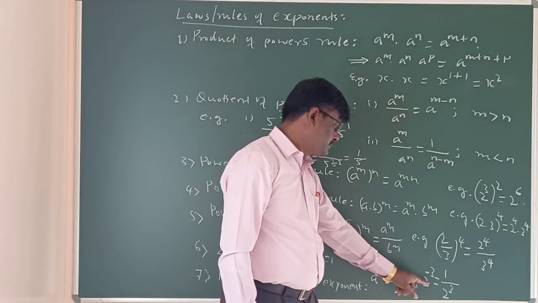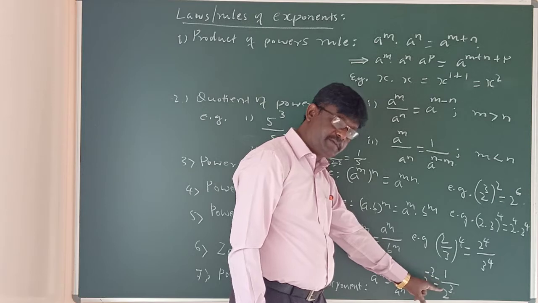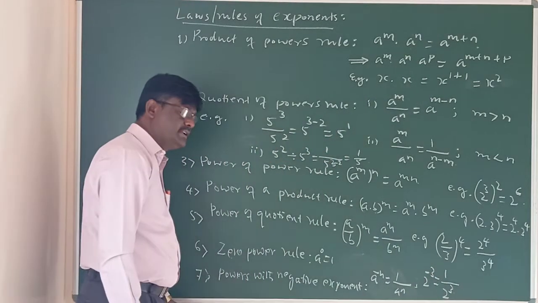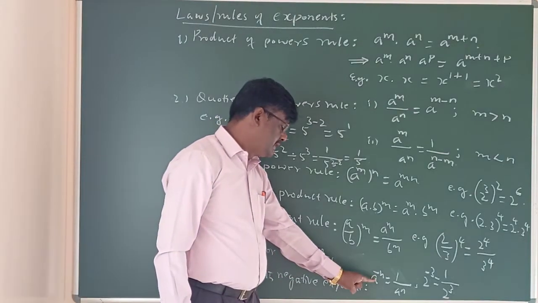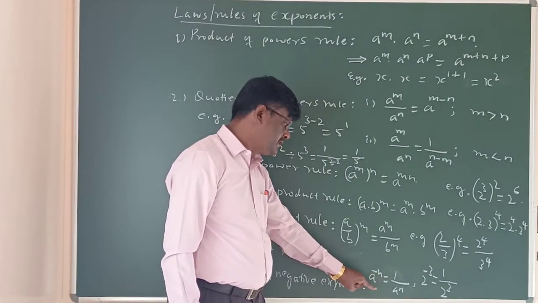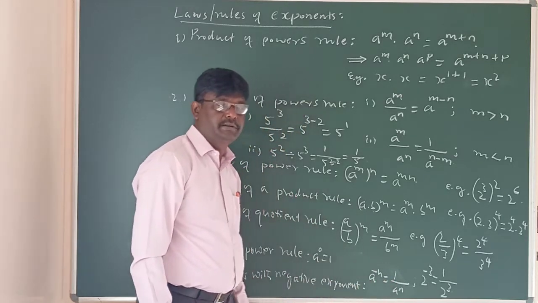Simple example, 2 power minus 3 can be expressed as 1 upon 2 cube. That means whenever it is in the negative form, that can be converted into positive if it is written as 1 upon, in that form, children.